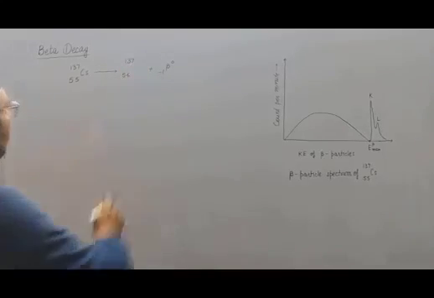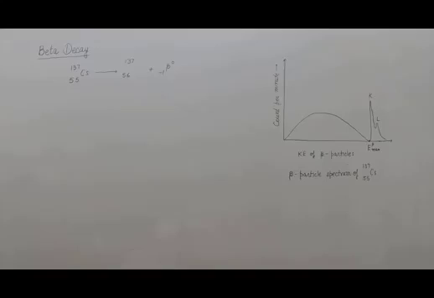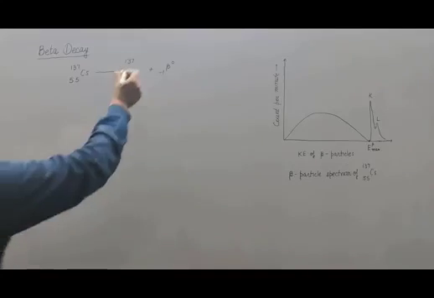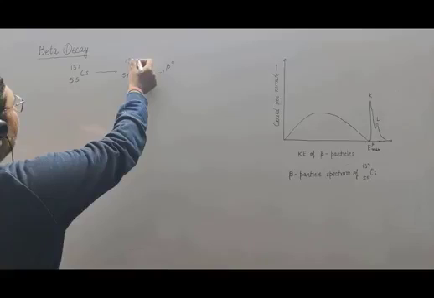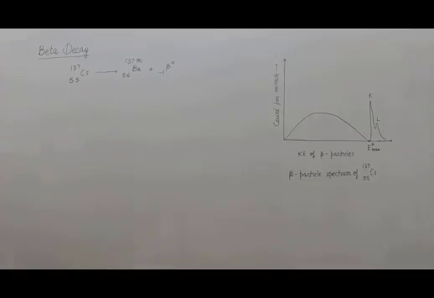And what is the element corresponding to 56? This is Ba. And here this is a metastable state.